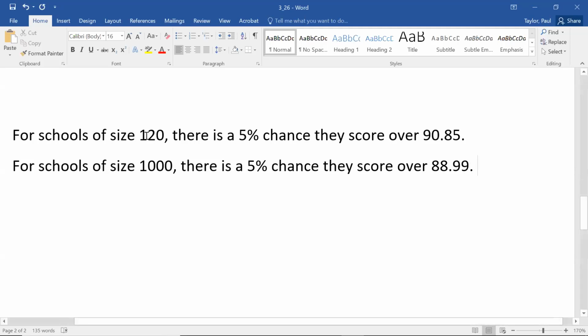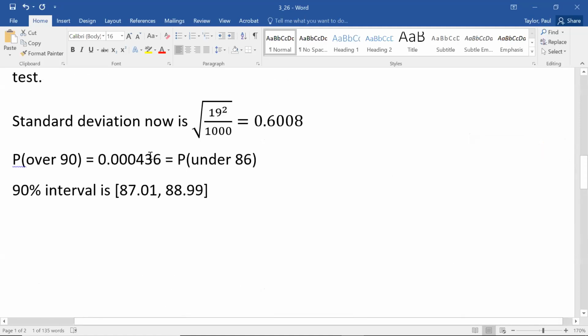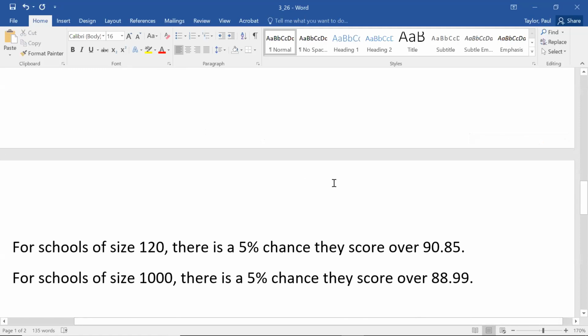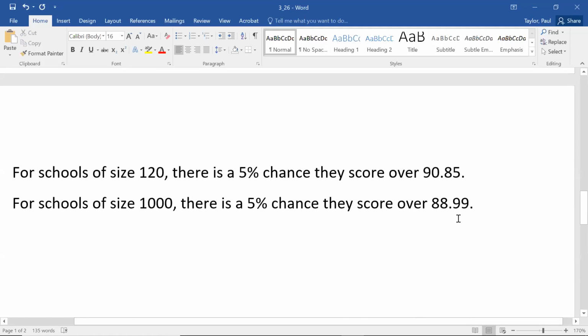So for schools of size 120, there was like a 12% chance they got over 90 and a 5% chance that they almost get 91. For the big schools, the really good schools, they just get like 89. And there was pretty much no chance, well under 1%. What was it, like 0.04%, that they would score over 90.